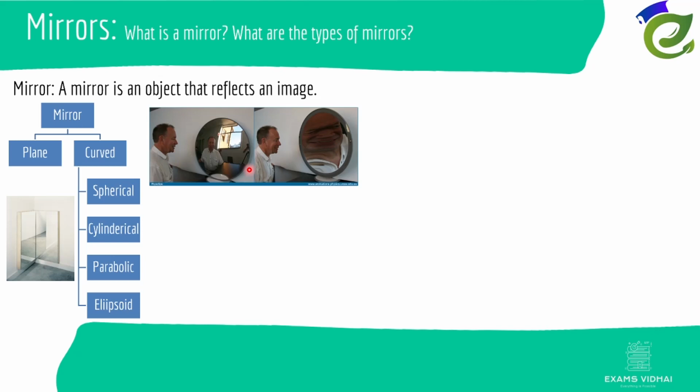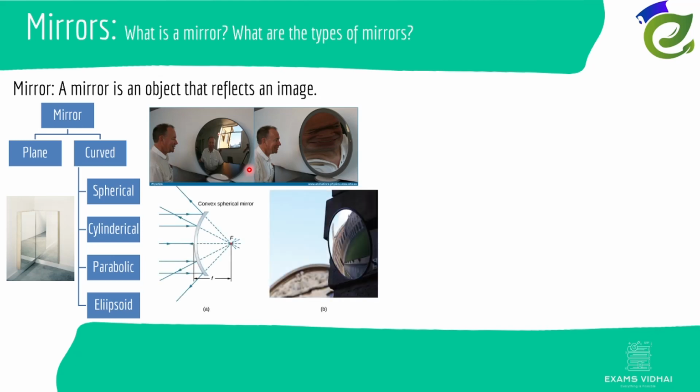It has special properties that we use in many applications, such as the rear view mirror, or you can see these types of mirrors in really crowded places like shopping malls or parking lots especially, or even at the turning of a road. You can see that convex mirror. This is, by the way, the convex mirror.